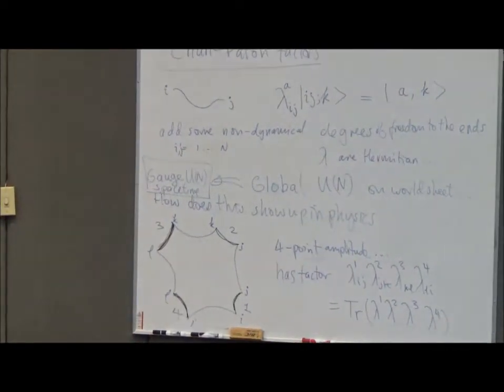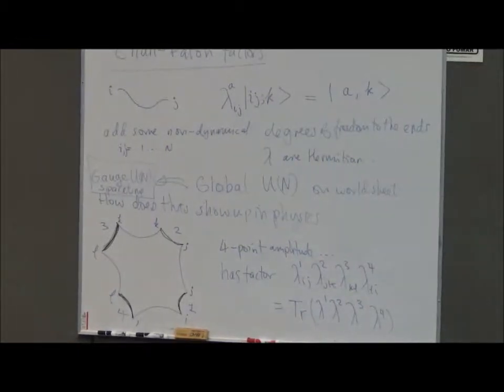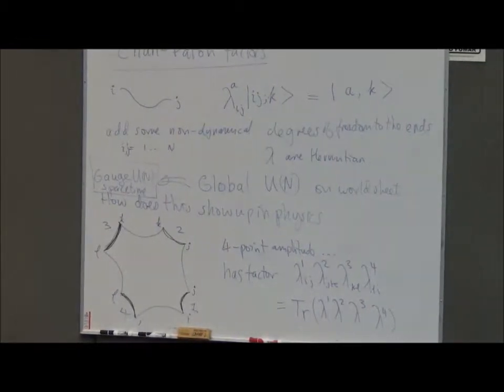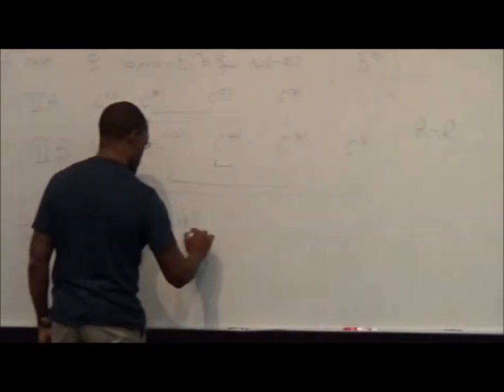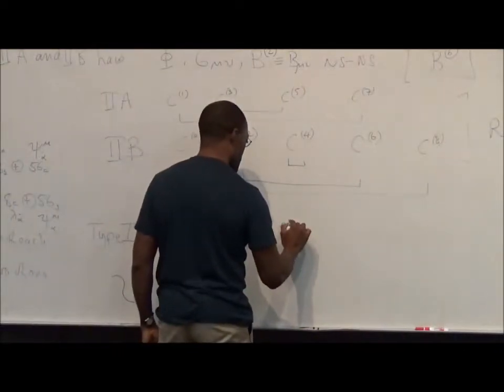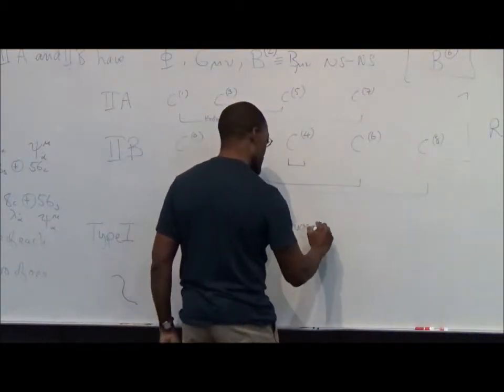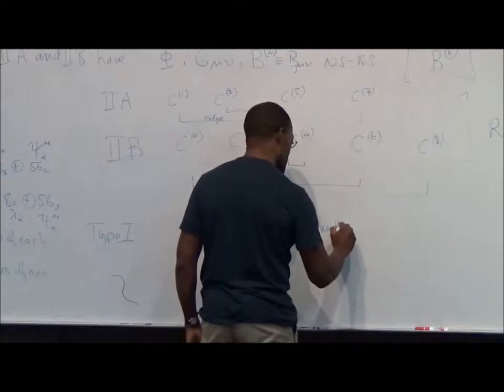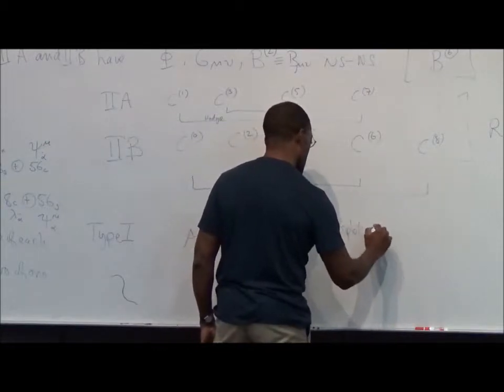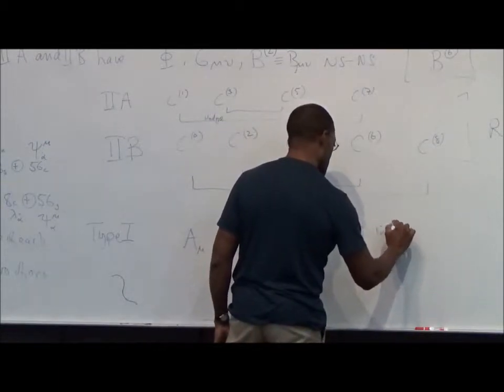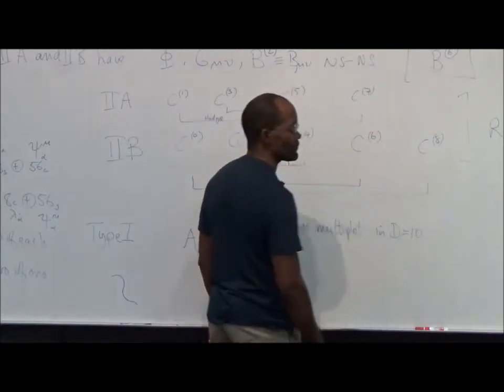So now I get to add a little bit to this, so let's have a U(N) gauge theory. This is a U(N) gauge multiplet in d equals 10.